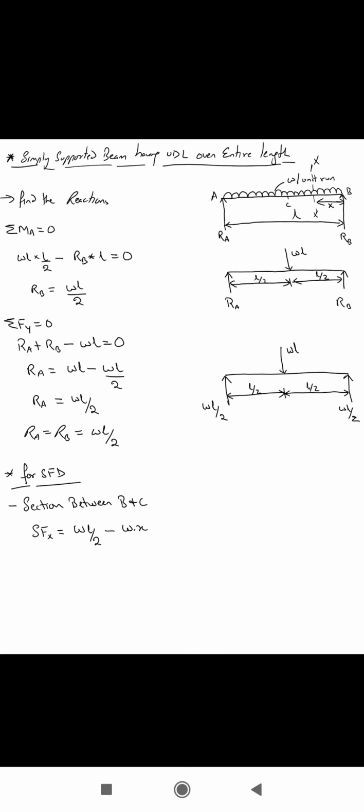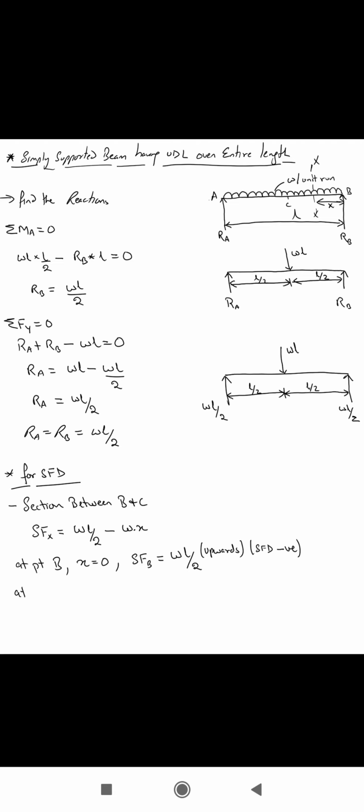Now if we put the end conditions at point B, at point B X is equal to 0, right? If X is equal to 0, then shear force at point B is equal to WL by 2, right? So at point B, this is WL by 2. Now this is positive, it means it is upwards. Now if it is upwards, that means that the shear force diagram will be negative. SFD will be negative, right?